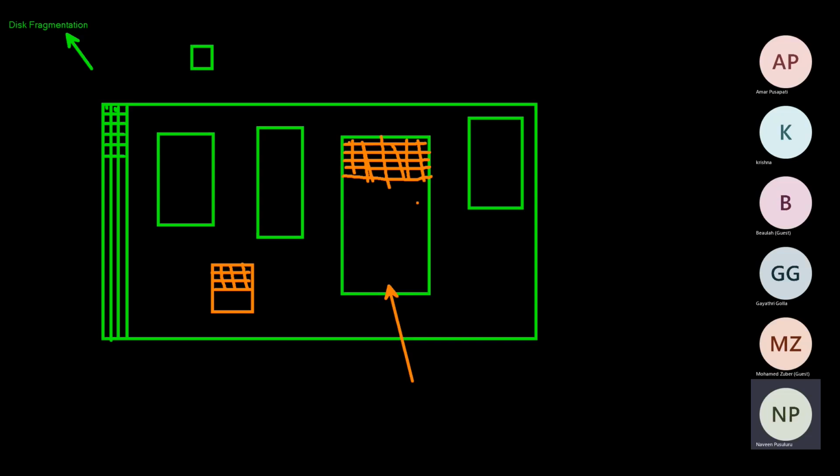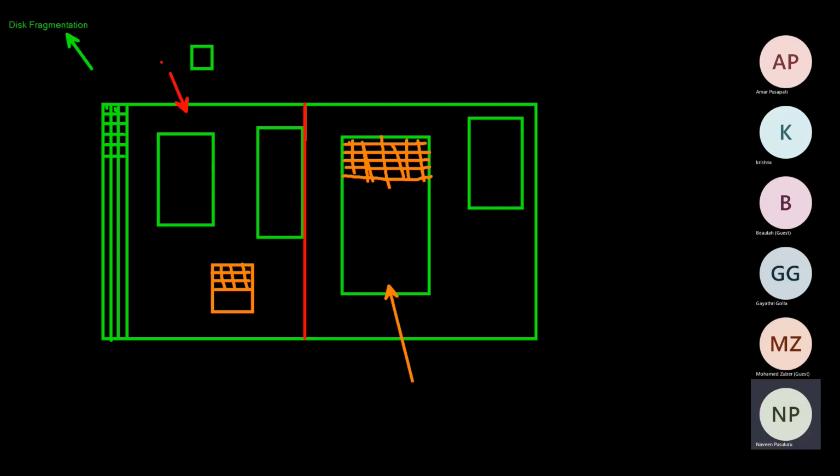True. So what this disk defragmentation will do is scan your entire drive, C drive, D drive, E drive, F drive, right? It will bring all the free chunks to one side.